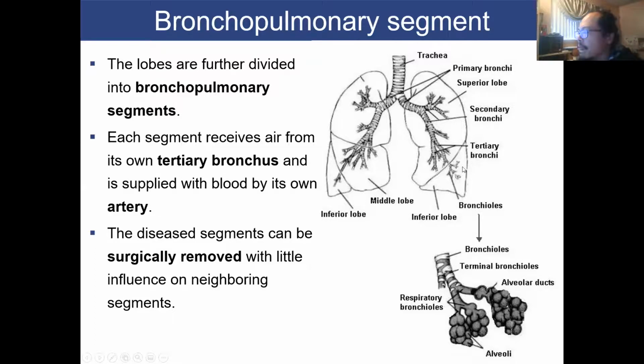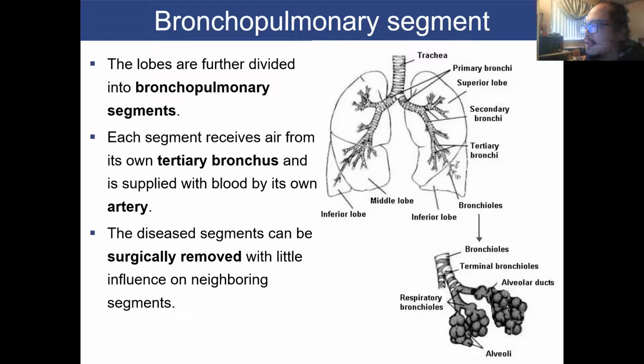Bronchopulmonary segment. And after that, this bronchial will connect with the bronchial. Bronchial will then connect with the alveoli. Now, what is the importance of this bronchopulmonary segment? So the first is, why is that important?